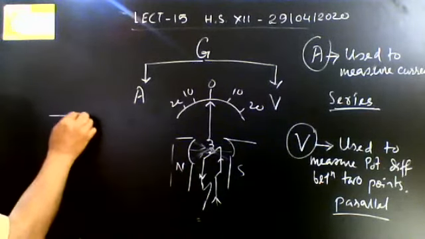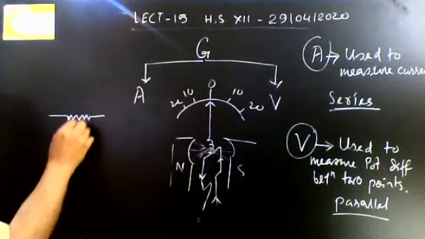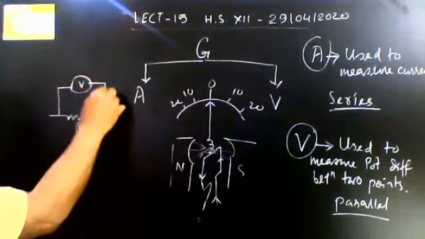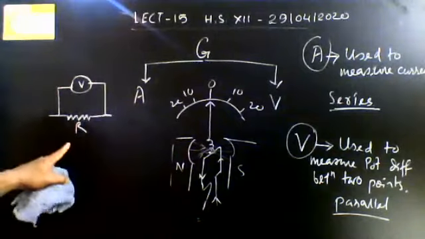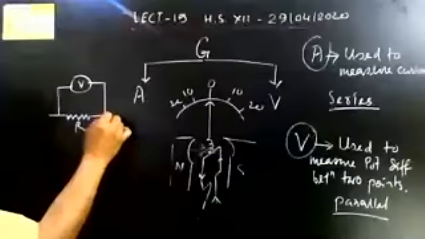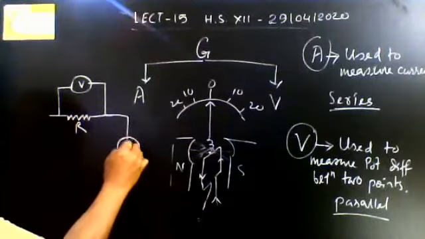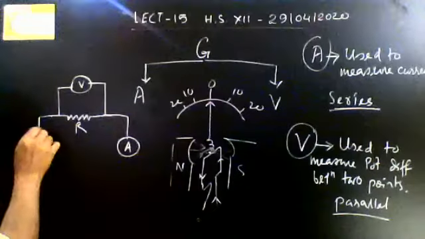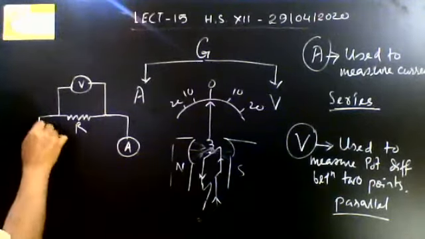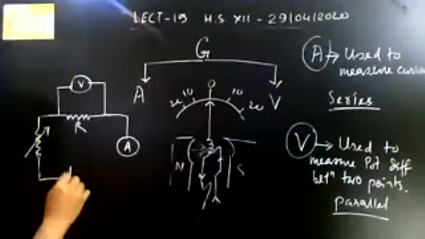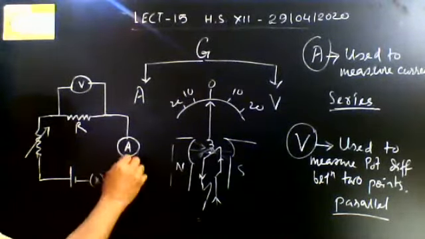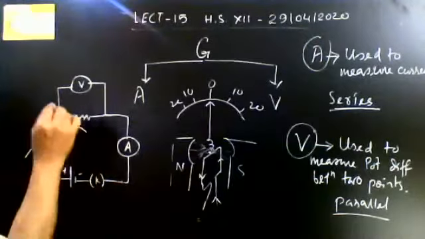First of all, you will be in need of a resistance R. So your voltmeter is connected in parallel, and the ammeter is connected in series, and then a rheostat is to be connected, rheostat, and battery and key, okay, positive, negative.